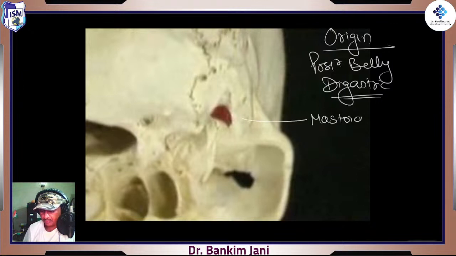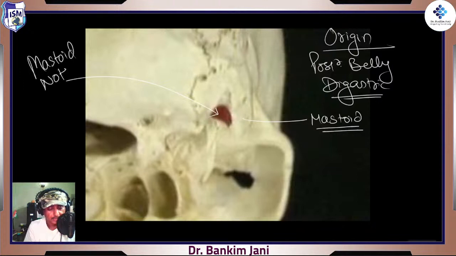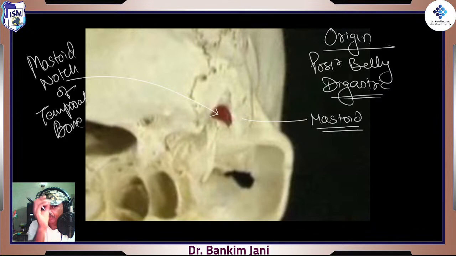Behind the mastoid, there is the mastoid notch, so classically, we would write it as mastoid notch. And mastoid notch is on which bone? Temporal, right? So we'll write it like mastoid notch of temporal bone. From the mastoid notch of temporal bone, it goes down.